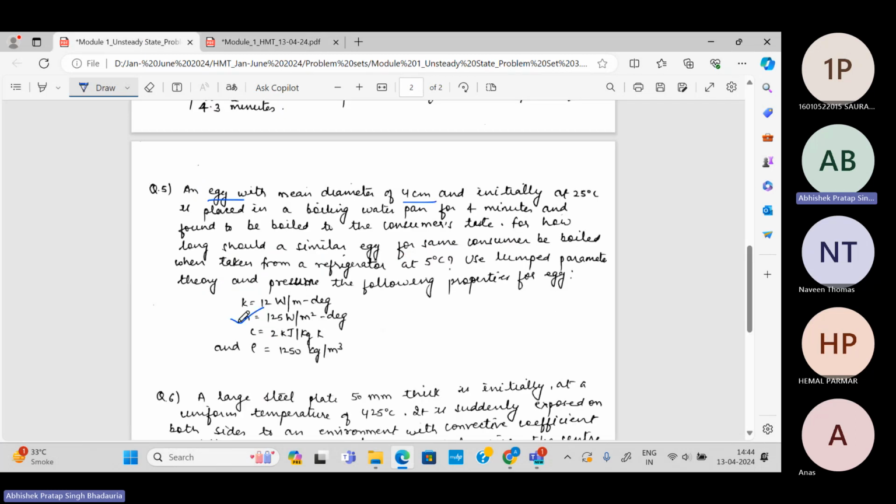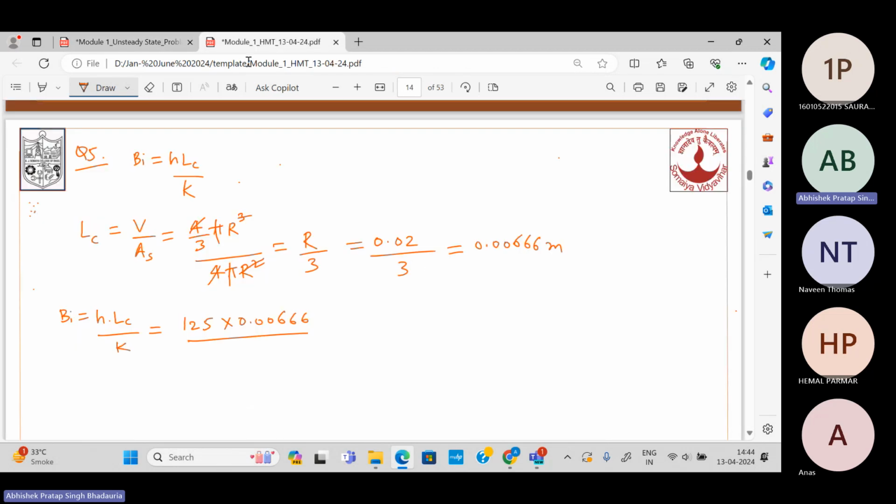Thermal conductivity is 12 watt per meter degree. The calculated value of Biot number is 0.0694, which is less than 0.1. That means the lumped parameter analysis is applicable.